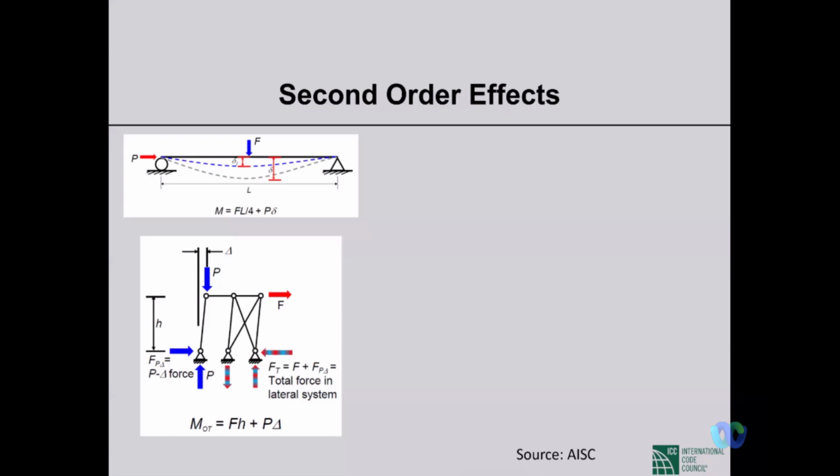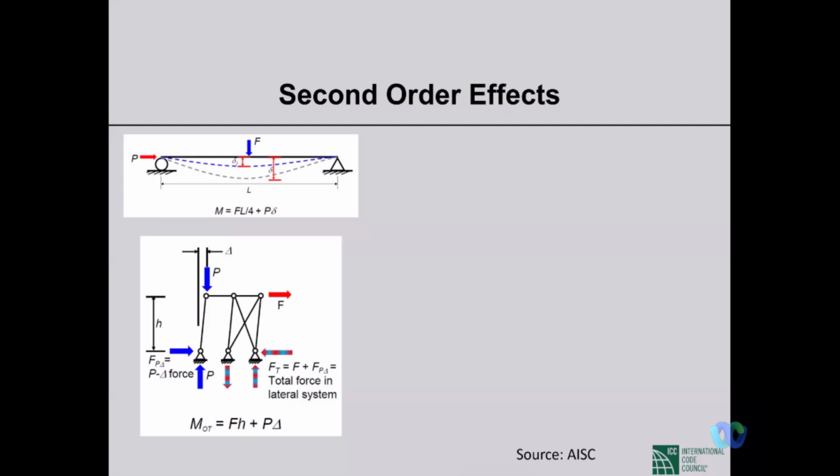But after the deformation, this capital delta, if we calculate the moment at the bottom, that will be FH plus P capital delta, P big delta or large delta. Different people term it in different ways. So P large delta, this is another effect. This is not at the individual member level. This is at the global structural level.